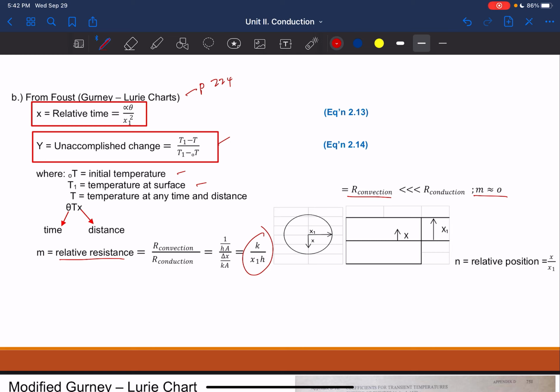Take note then for the relative position of N, say for example, ito yung first na thickness, tapos ito yung second, your relative position would be X over X sub 1. Or if you have a sphere or cylinder, your X1 is the radius, and the relative time is given as alpha t times theta over x1 squared.